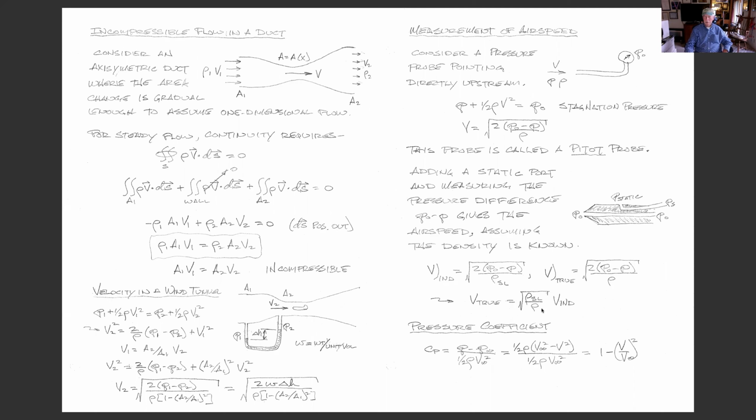So you have to take the indicator, what's on your airspeed indicator in the cockpit, and multiply that by the square root of sea level density, which is a constant, sea level standard day, divided by the actual rho. And that gives you the true airspeed of the airplane.